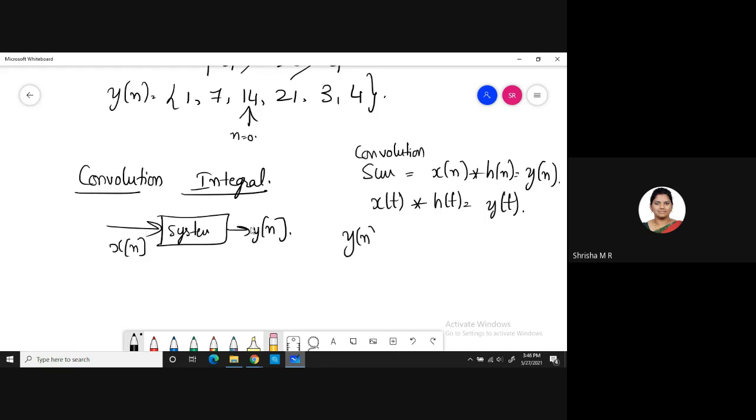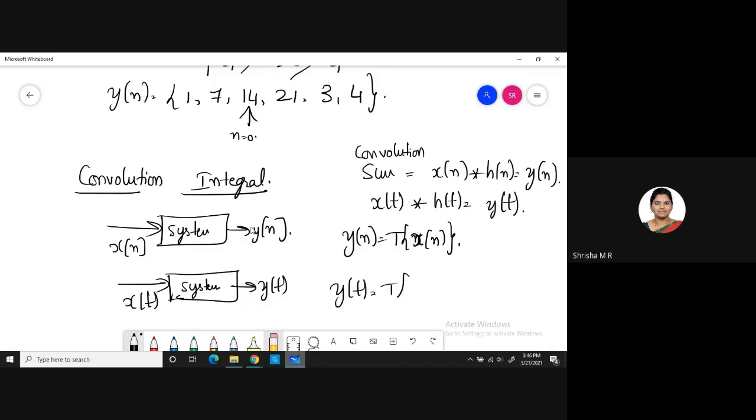So y of n was the transformation on x of n. Similarly for continuous time signals, if you give x of t to the LTI system, that is linear time invariant system, you get y of t. So we can say y of t is nothing but the transformation on x of t.